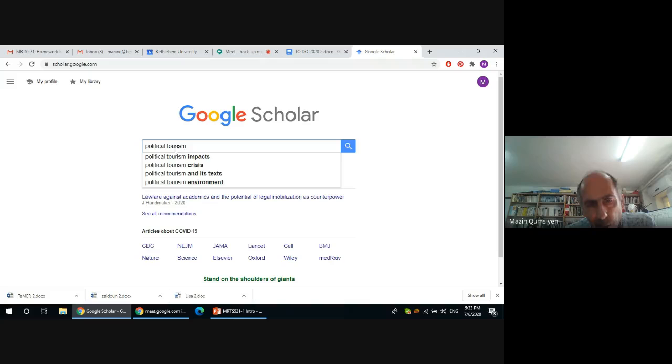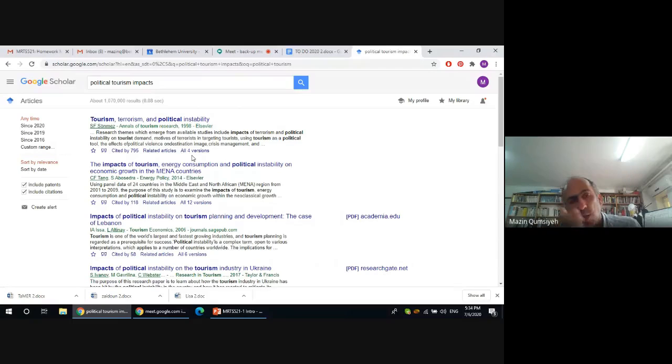Notice what it does, by the way. It gives us other things I could continue: political tourism impacts, political tourism crisis, political tourism and its texts. You can choose one of these if you want. If you like impacts, you can put impacts, for example, or you can just leave it political tourism. But anyway, you can see that I have 1 million hits.